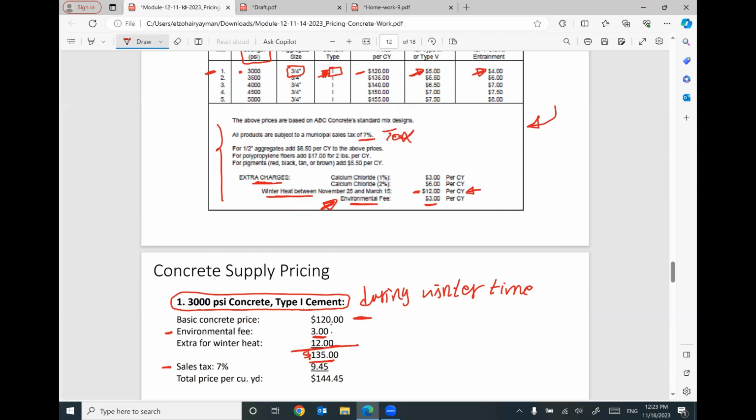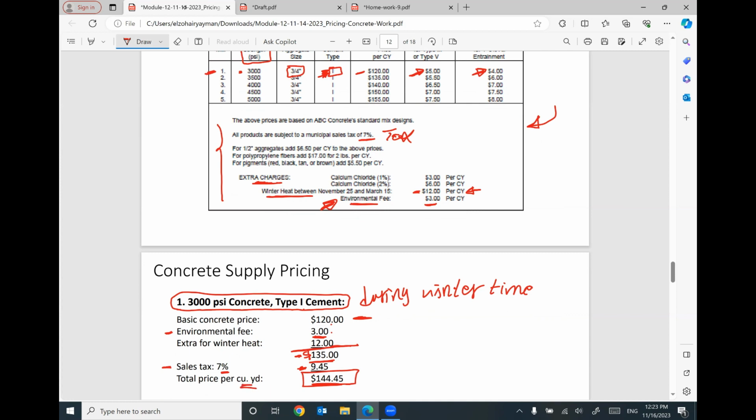If you add 7% tax, multiplying 7% times 135 will give you 9.45. If you add this amount of tax to the total, the total cost will be $144.45 for each cubic yard.